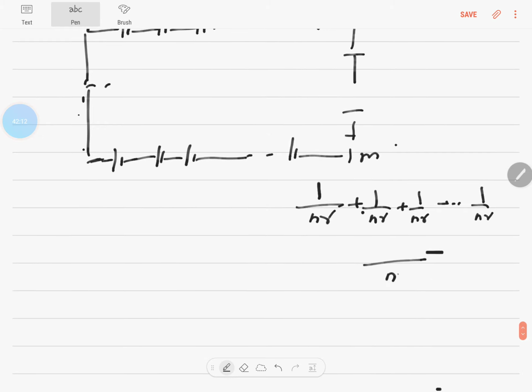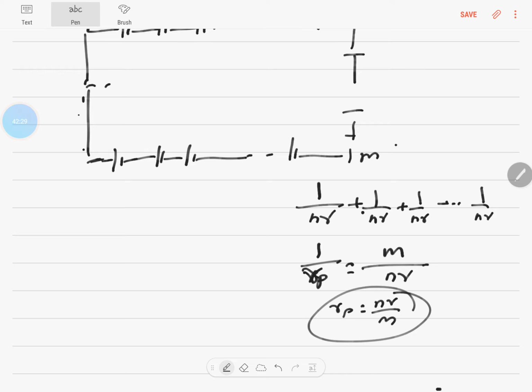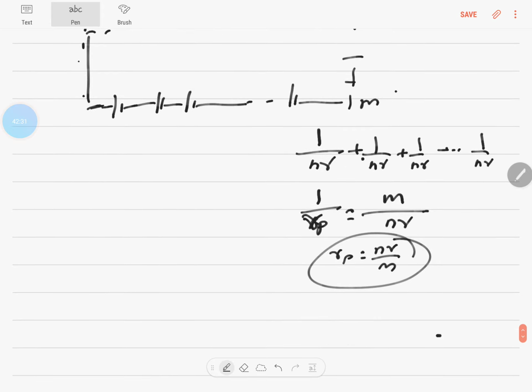When you take LCM, because they are parallel, it will be m by nr, because there are m number of lines. So this is the equivalent resistance in parallel, and therefore RP is nr by m. The equivalent internal resistance.